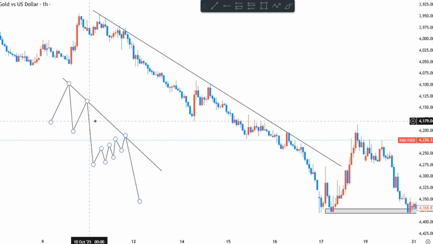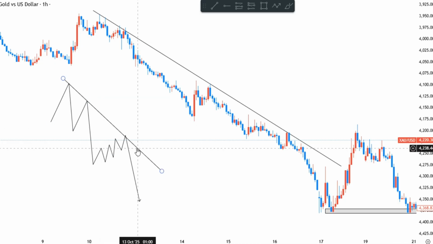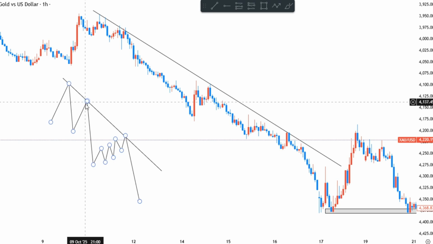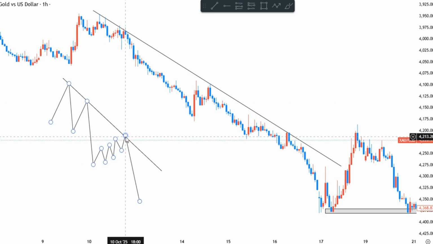This is a clear example of what I have been talking about. This is our trend line. This is our lower high, our lower high, our lower high. You understand? You use your trend line to enter your trade in line with the direction of your trend.